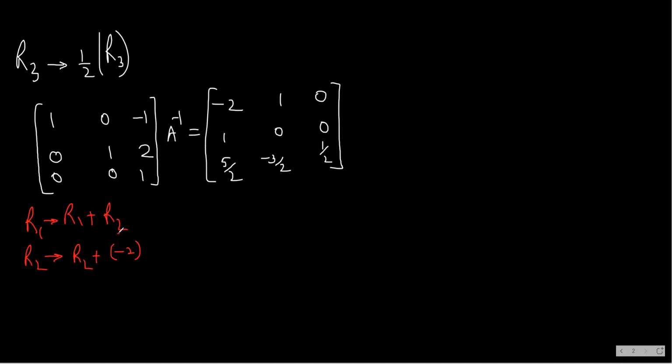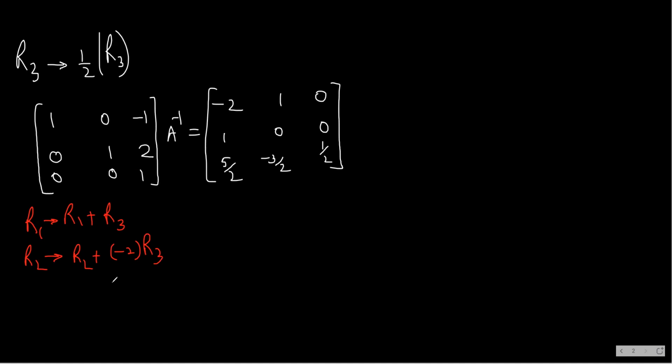I'm sorry, this is R3. R1 plus R3, not R2. R1 plus R3. We are using R3. Okay. R1 plus R3. And here R2 changes to R2 plus minus 2 R3. Multiply minus 2 in R3 and add.